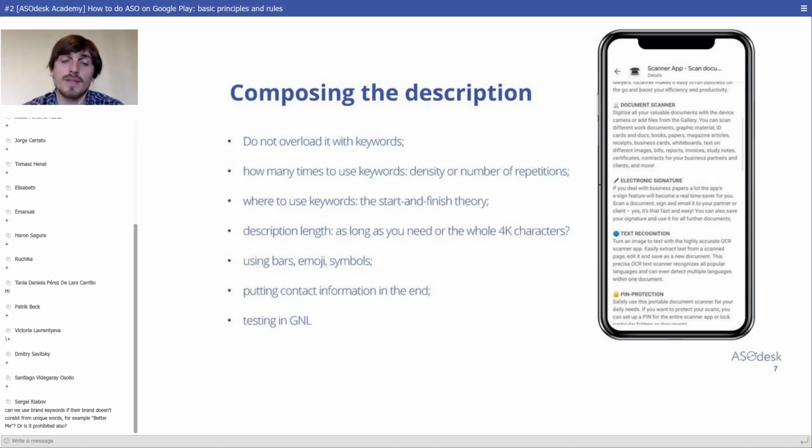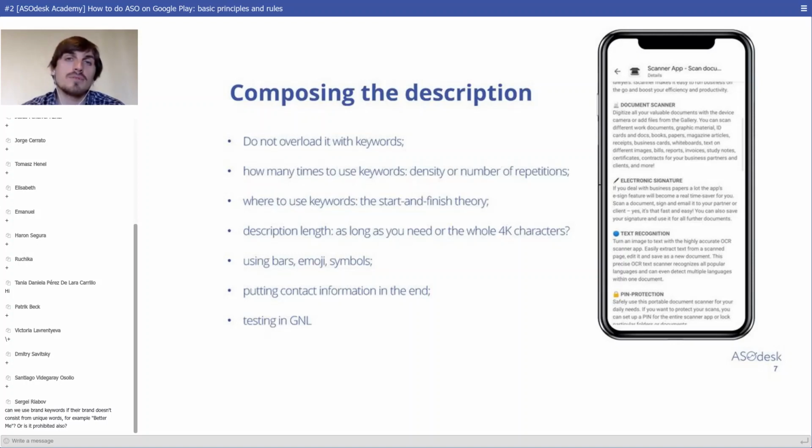The next one, description length. Many beginners are asking, how many characters should we use while describing our Android app? As long as I need, or the whole 4K characters? My answer is as long as you need.